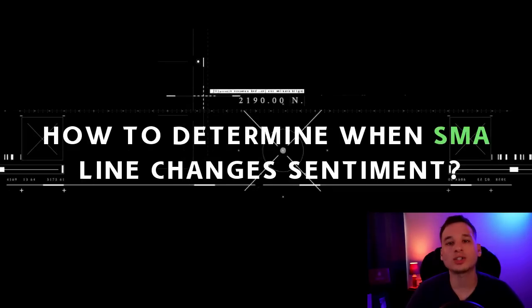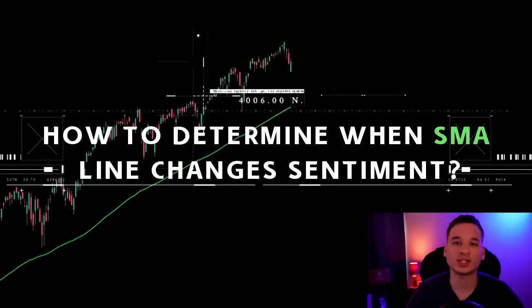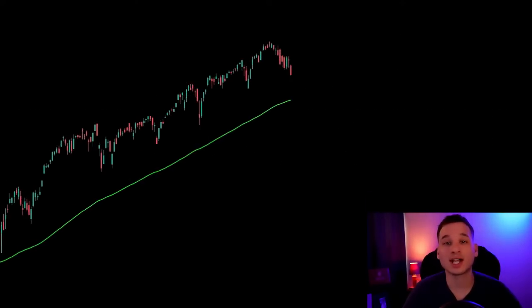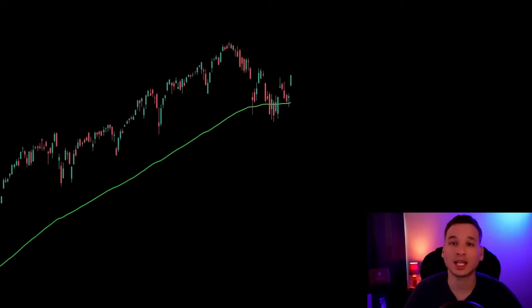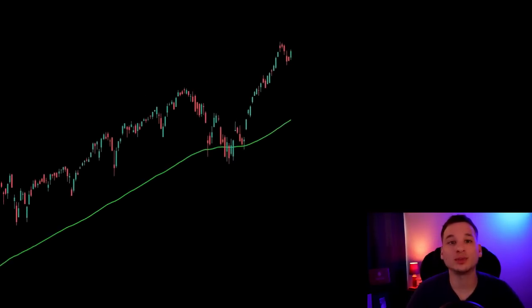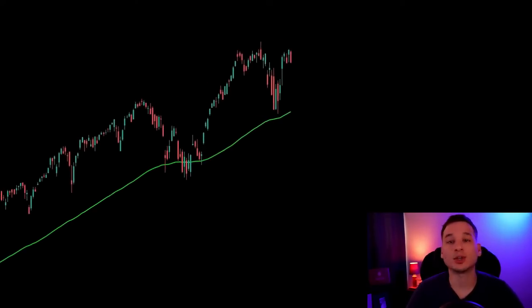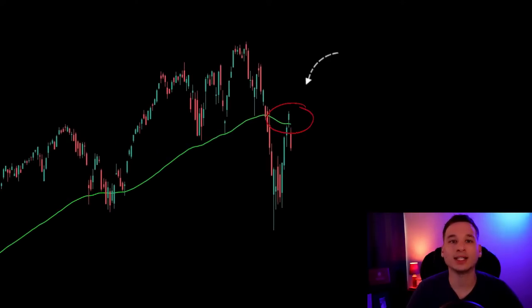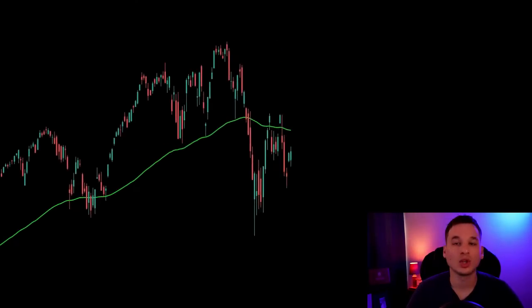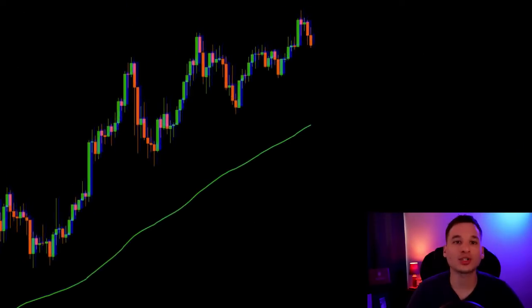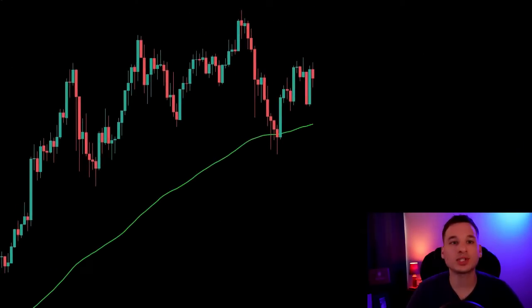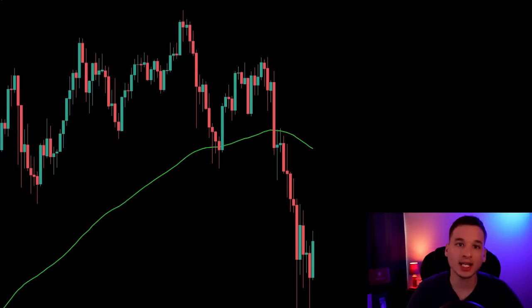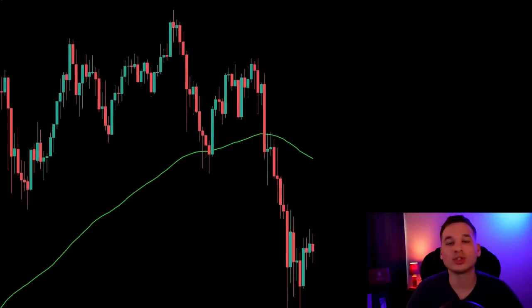So how do traders determine when the SMA line changes sentiment? If a trader is long on a stock, they can look for two key indications. One, the price action moves towards the SMA line and completely falls through before creating a new lower high and dipping back down to a lower low. Or two, the price falls toward the SMA line, bounces to create a new lower high, and then falls straight through to a new lower low.